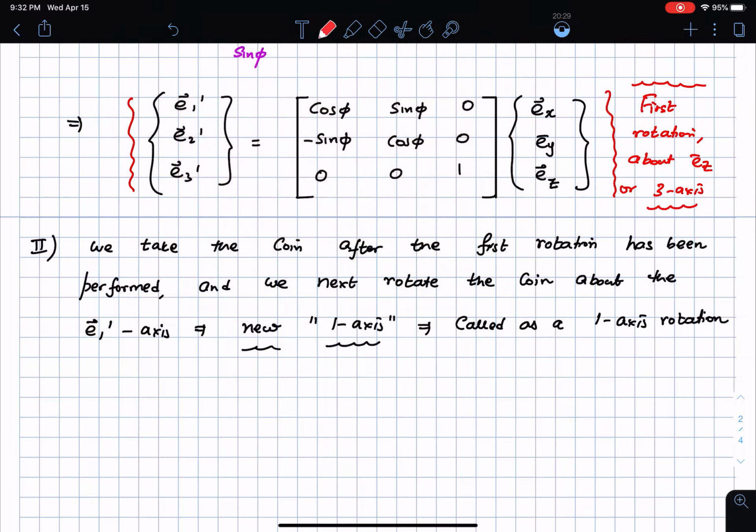Because you're doing it about the E1 prime axis, it does not matter whether it is prime or not, but because it is about the 1 axis, it's called the 1 axis rotation.